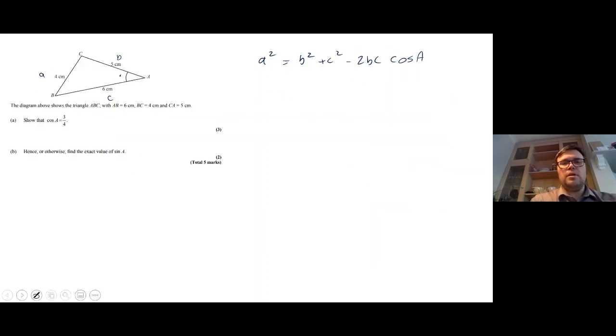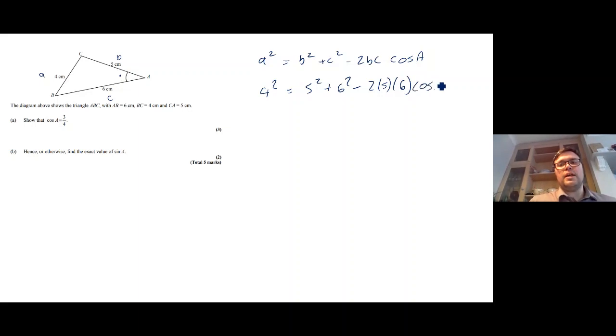equal to 4. So we're going to have 4 squared equals 5 squared plus 6 squared minus 2 times 5 times 6 cos of the angle A. I have done a lot of the calculations before this because it saves time as I'm going through it, so I can get through more of the complicated ones.